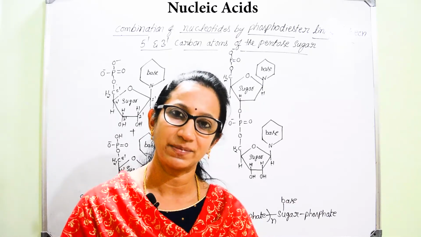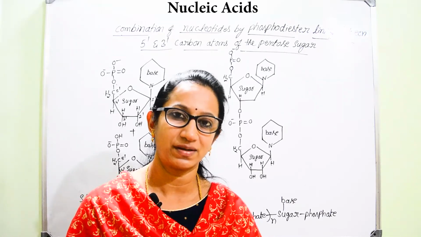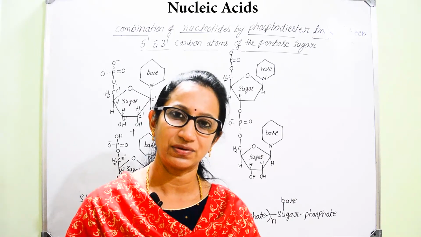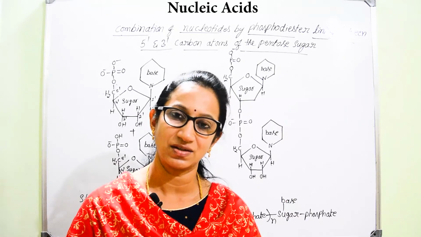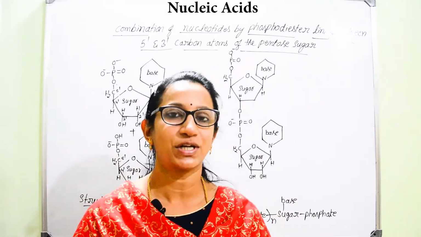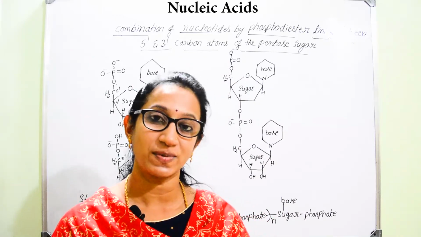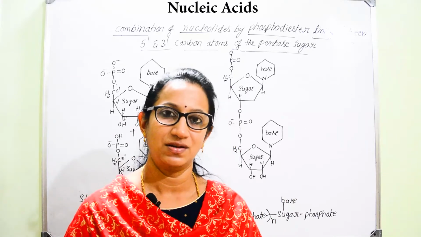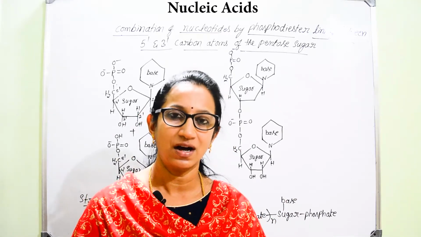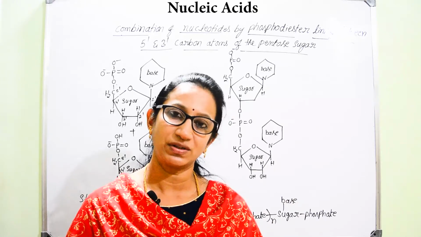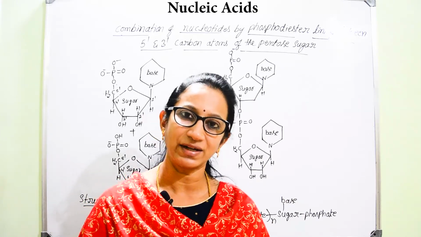This results in the formation of a polymer chain, which is nothing but polynucleotides. So these polynucleotides are nothing but nucleic acids. Finally, you get the structure of polynucleotides, which are obtained by a special type of bond called the phosphodiester bond. So now we are going to learn how we get that bond between two sugar units of two nucleotide units.